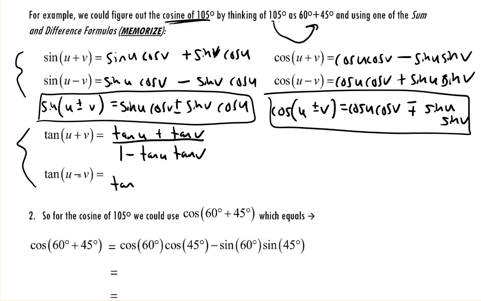If it's a difference, so you're subtracting the angles instead, then this plus becomes a minus, and that minus becomes a plus. So if you really want to condense those into a single statement, which again, you don't have to do, but you probably should be able to read it.